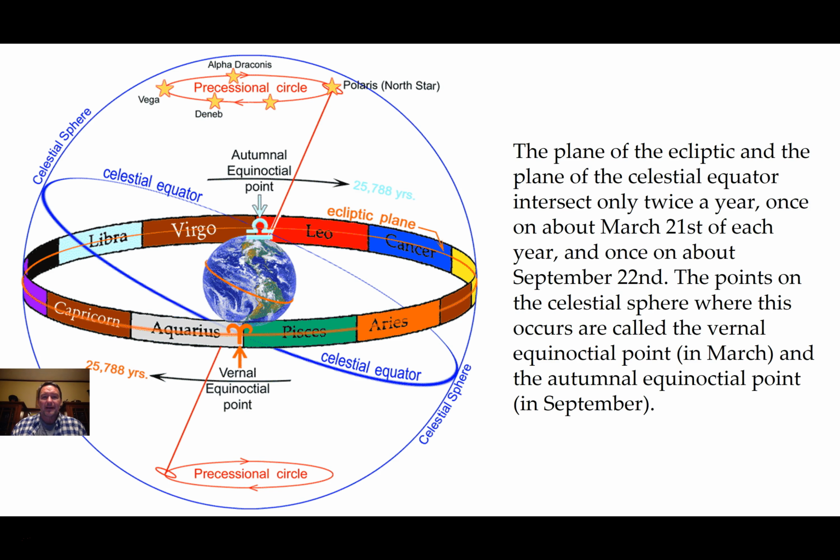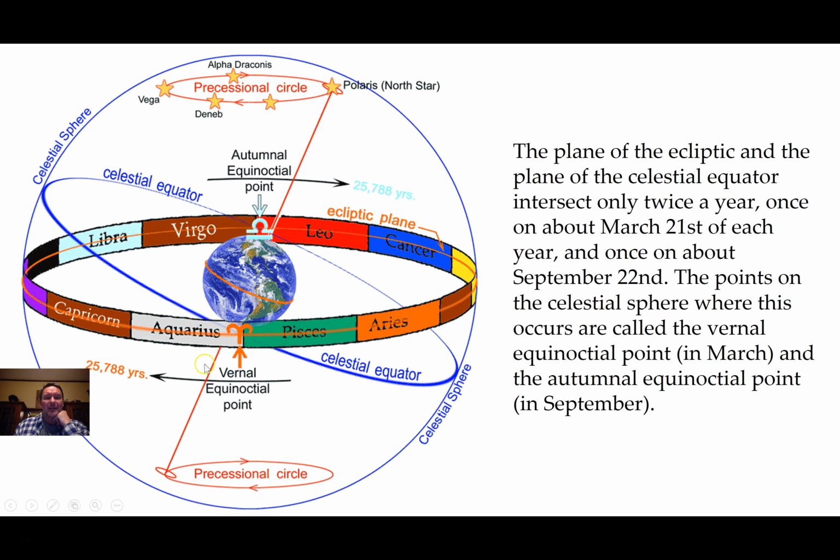There you can see the plane of the ecliptic, and what does it line up with? It lines up with the constellations of the Zodiac, so that's why we see them. Now, right ascension is based off of the vernal equinoctial point.